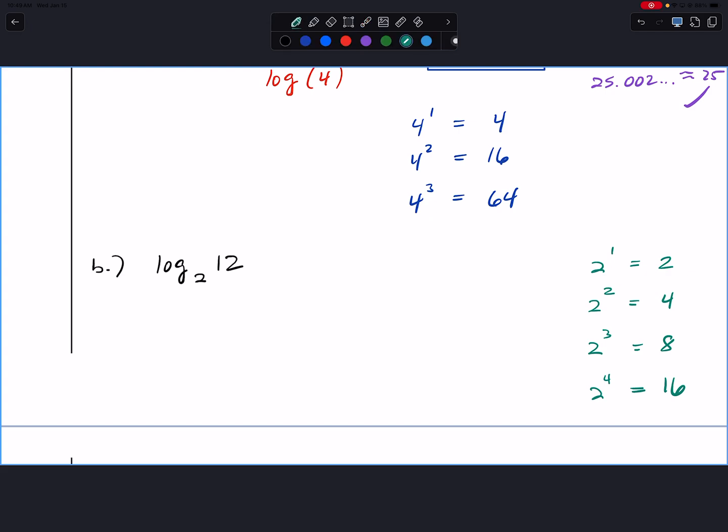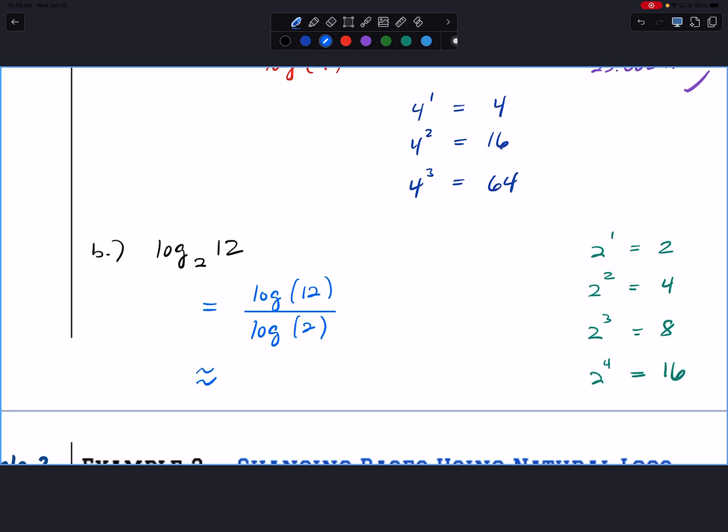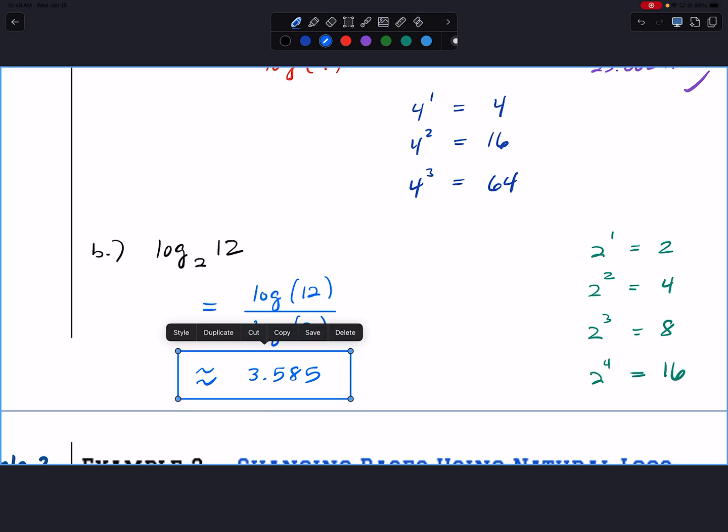So if I want to use common log, same thing. This is going to be the log of 12 divided by the log of 2. Yes, you should get 3.585. And oh my goodness, does it match our prediction?